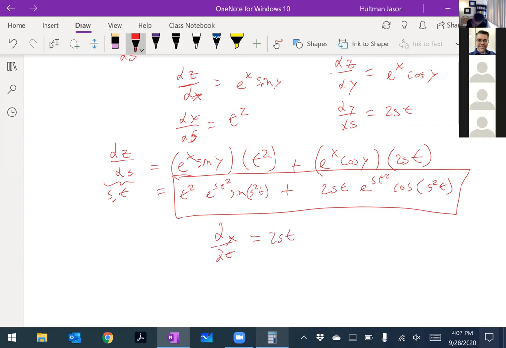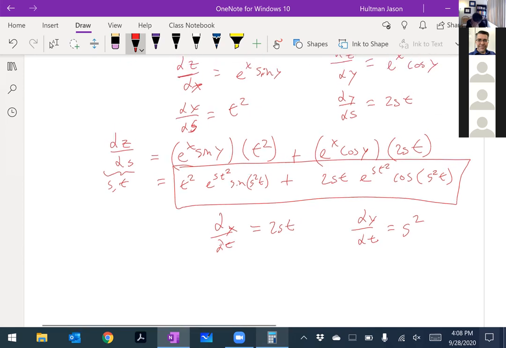So it's just kind of reversed. And then dy dt, the partial of y with respect to t, is going to be s squared.